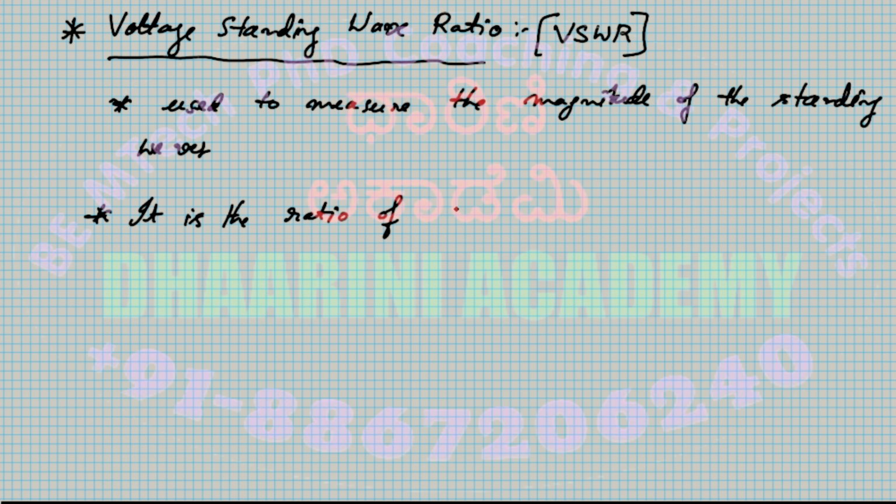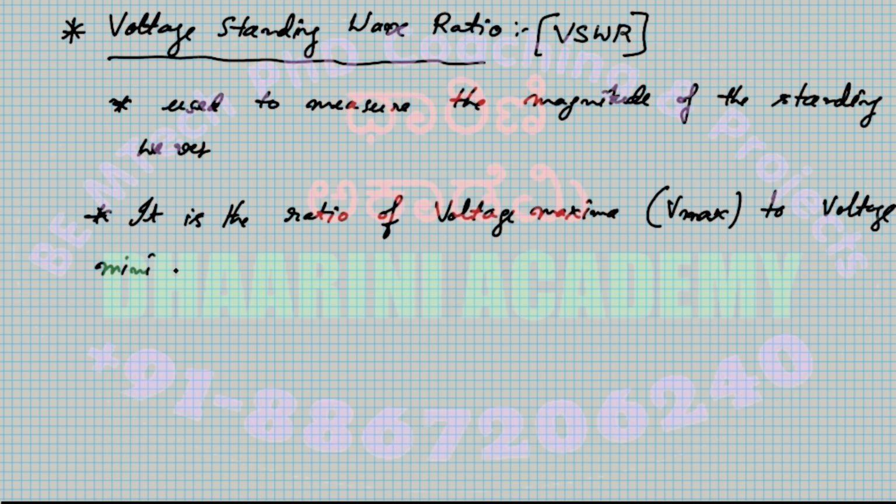It is a ratio of voltage maxima, Vmax, to the voltage minimum on a transmission line.